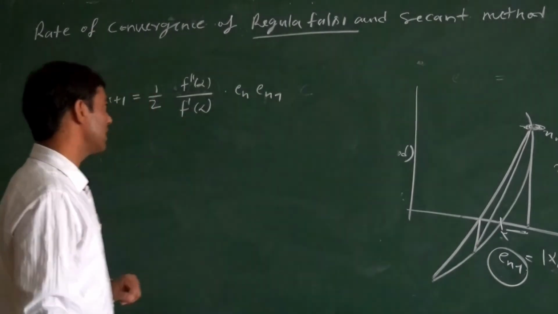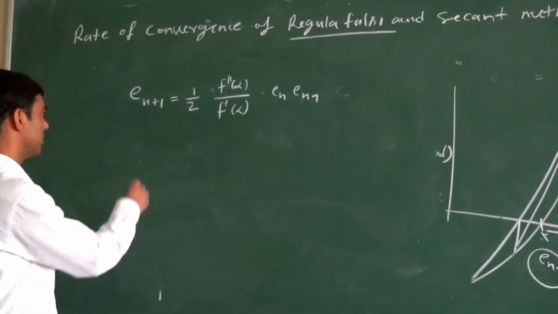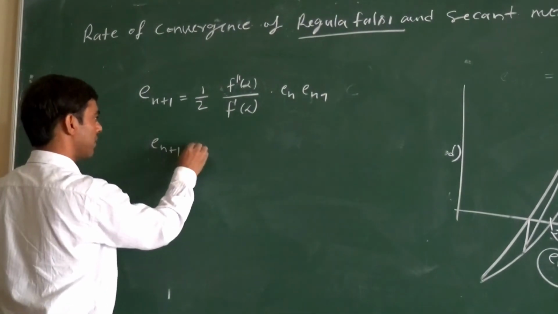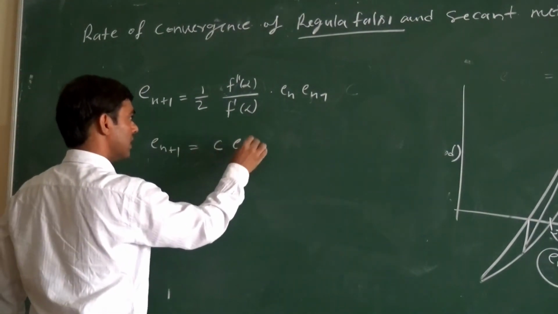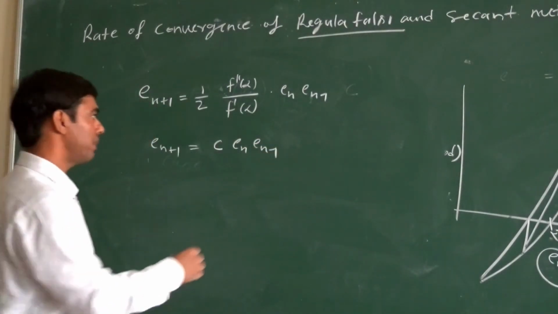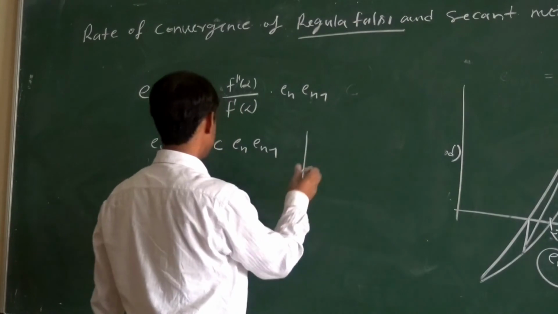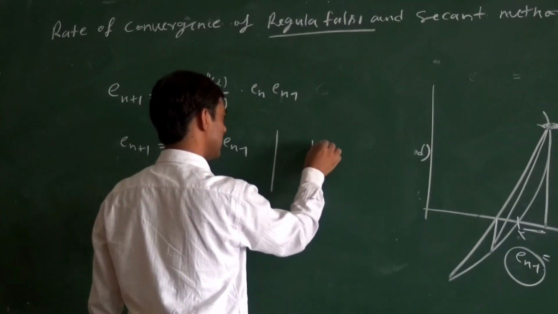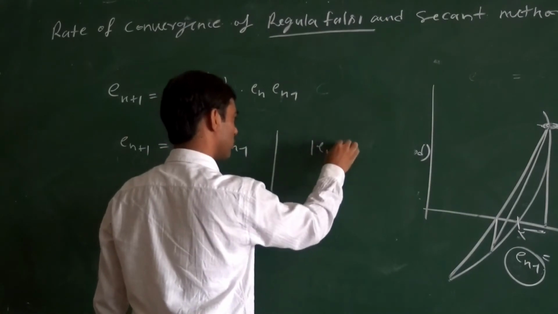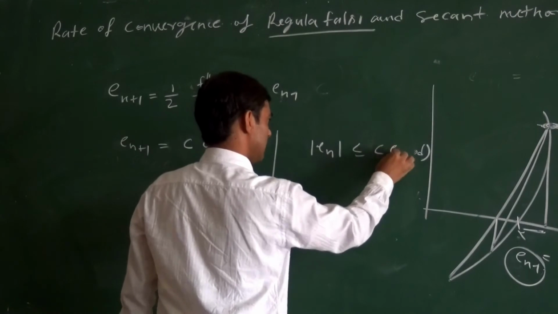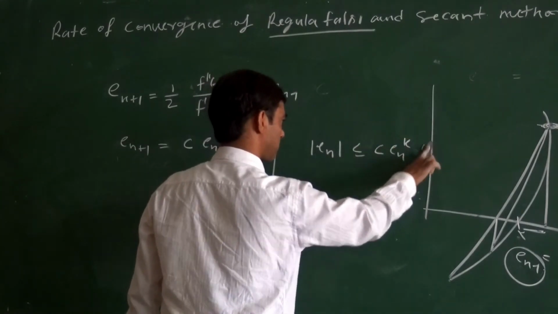So if En minus 1 is also treated as a variable, then here we write En plus 1, suppose this is C, C En minus 1. So we compare with the definition of the rate of convergence. Mod of En is less than or equal to C En to the power k.